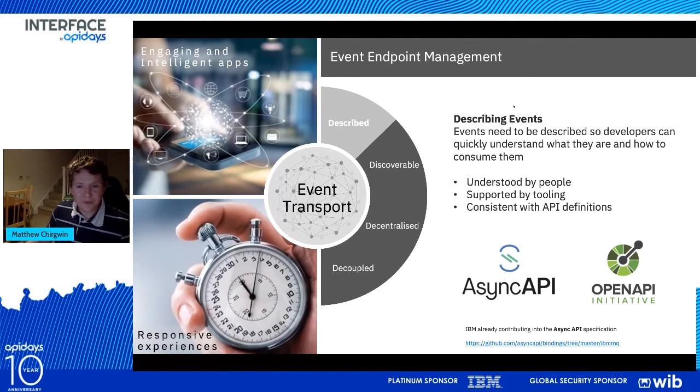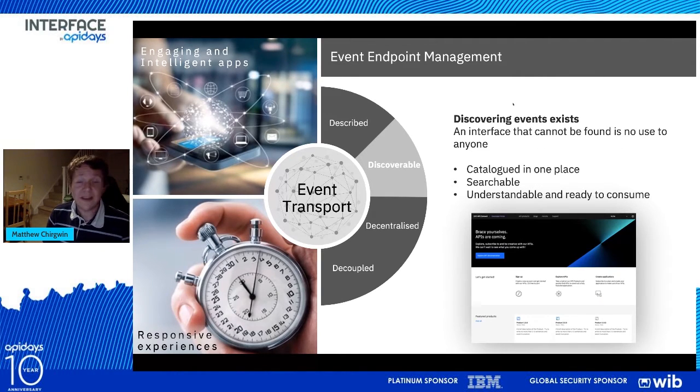So with all that, we've got our Async API definition, and while that's again a fantastic start and really good to have that written down and noted down, the next step of the story is to make that definition discoverable. What we provide here is our developer portal.